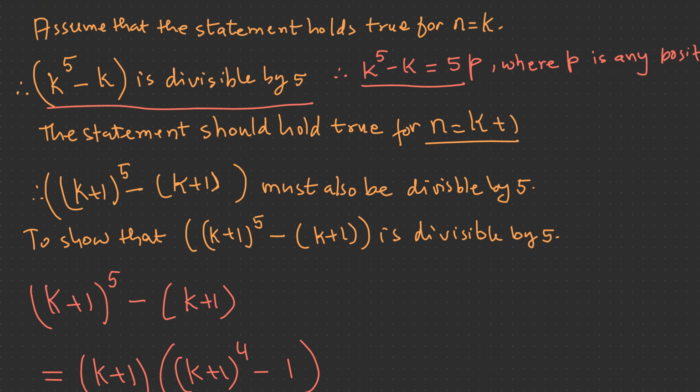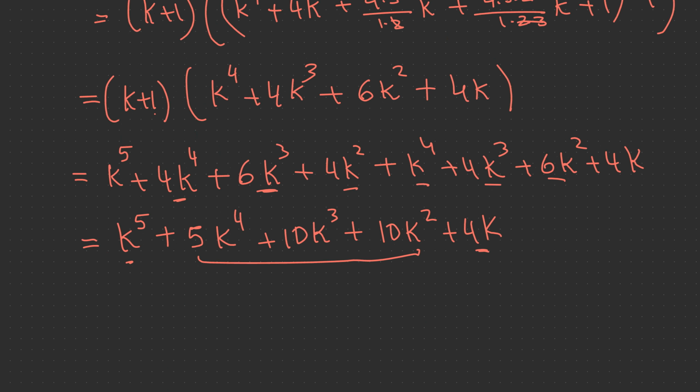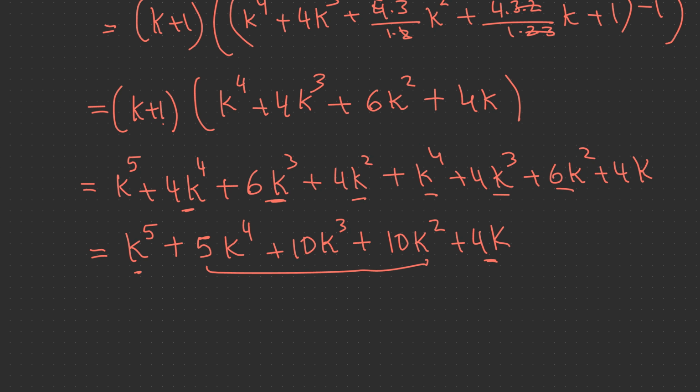I don't have it in this format yet, k to the power 5 minus k. So here I have k to the power 5 plus 4k. So I can now write this as k to the power 5 plus 5k minus k. So plus 5, leave this here, then 5k to the power 4 plus 10.